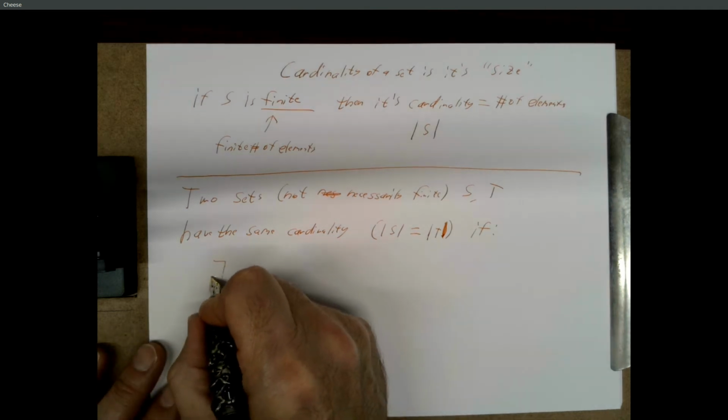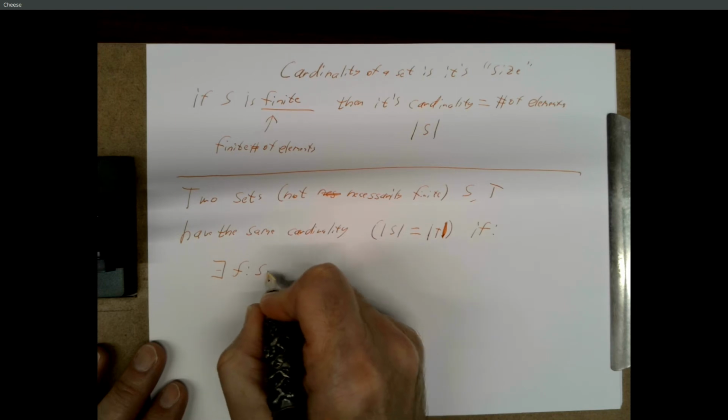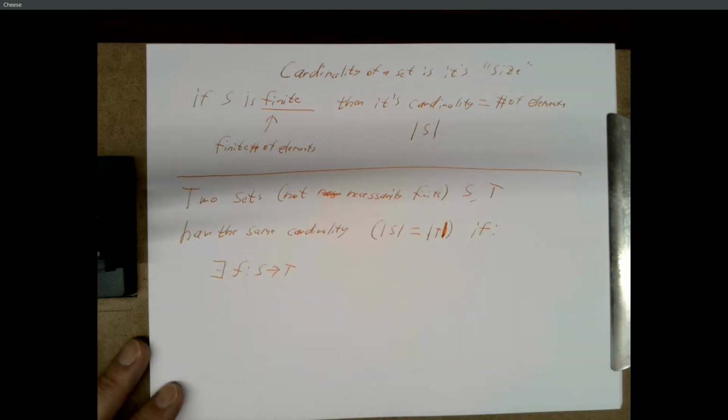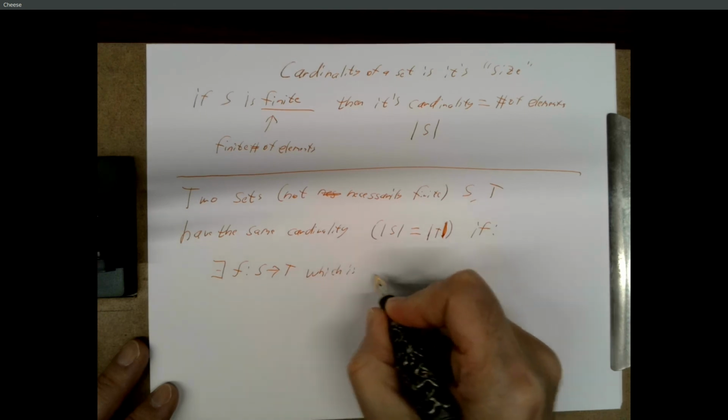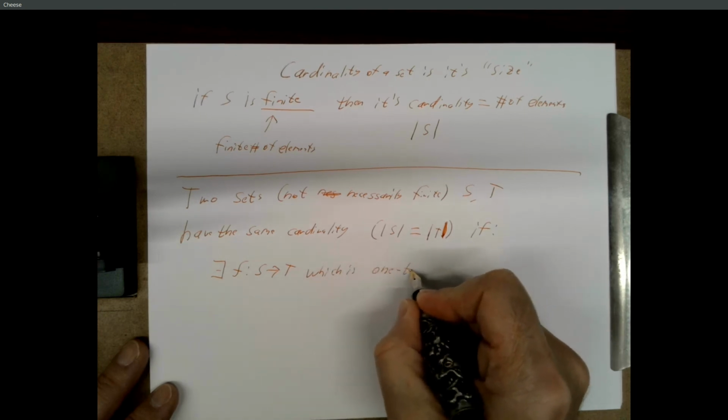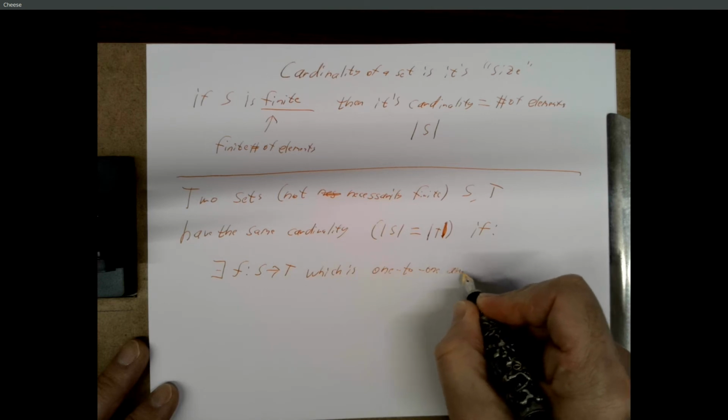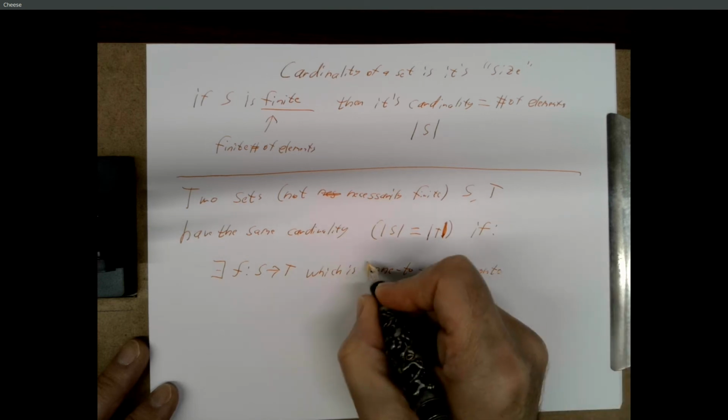If there exists a function from S to T which is what we'll call one-to-one and onto.